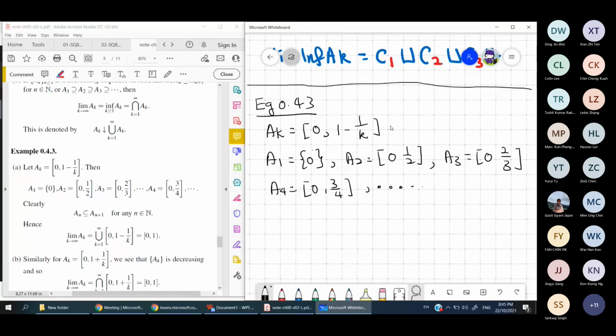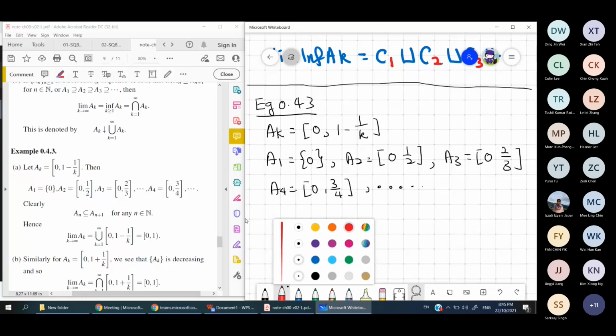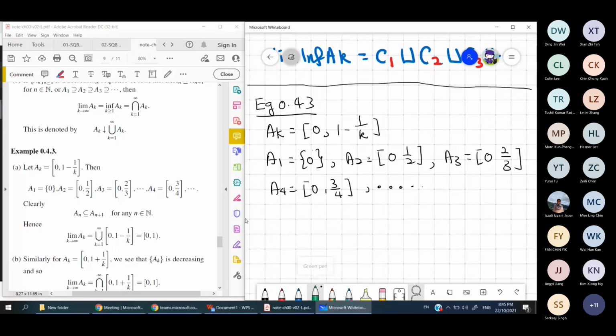To calculate the limit, first we compute B. So B1 is A1 intersect A2 intersect A3 and so on. But you can see A1 is a subset of A2, A2 is a subset of A3, A3 is a subset of A4, and so on.